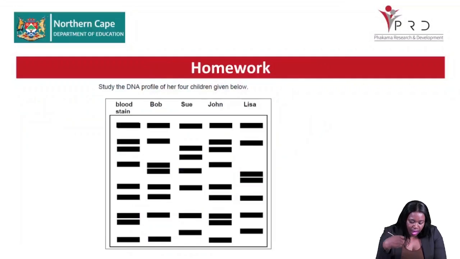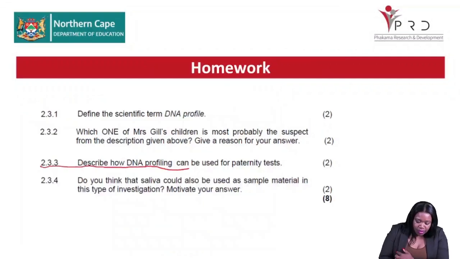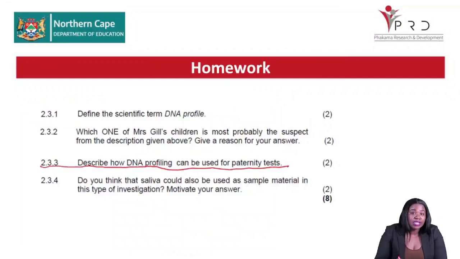Right. So here we have homework whereby it says study the DNA profile of 4 children given below. So we have these 4 children, and then we have the questions that you are going to study there. I'm very interested in this question, which says describe how DNA profiling can be used for paternity tests.